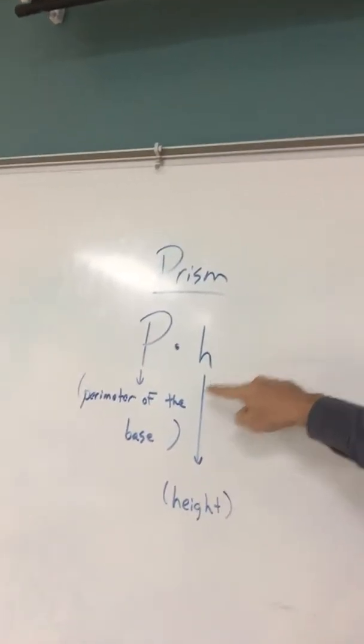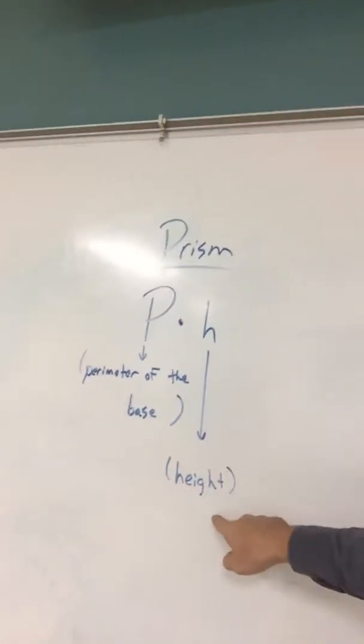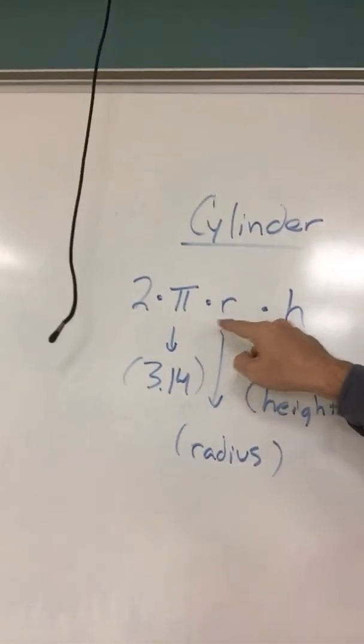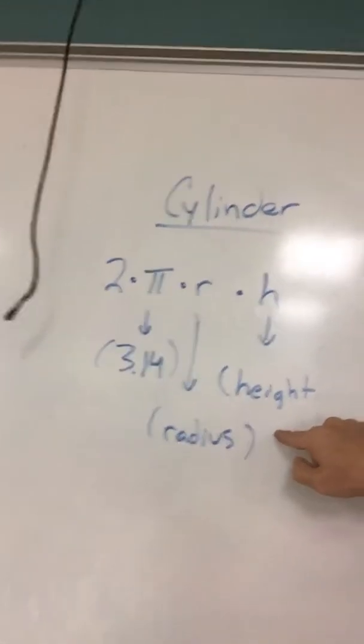Again, if you've got a prism, capital P times H, perimeter of the base times the height, and over here on a cylinder, your formula is 2 times pi times my radius times my height. Multiply all that together, and that's going to give you the lateral surface area of your cylinder.